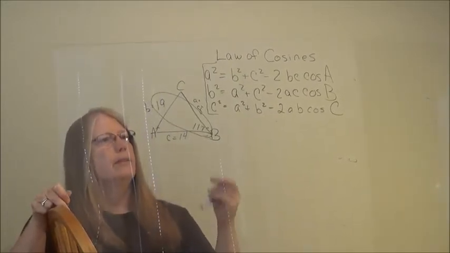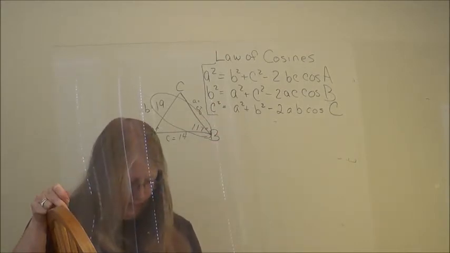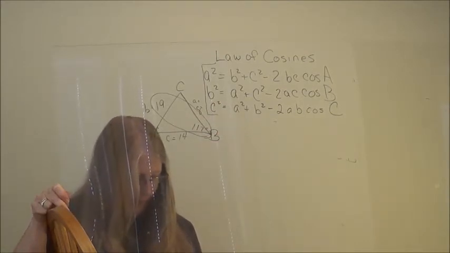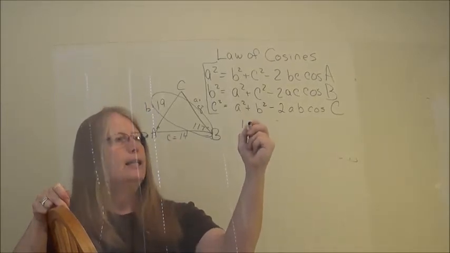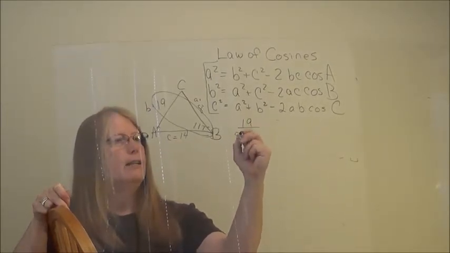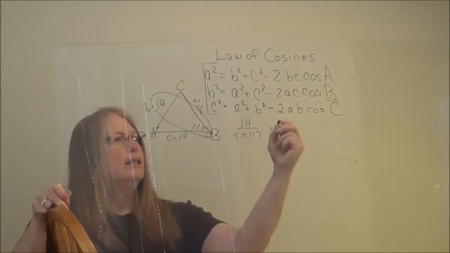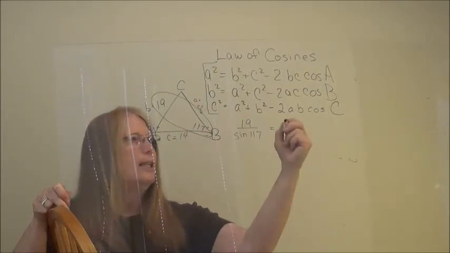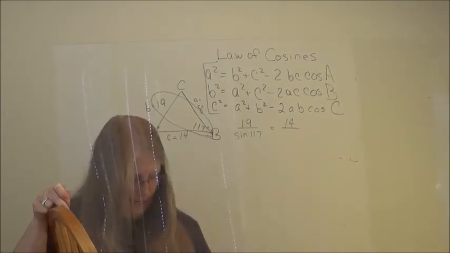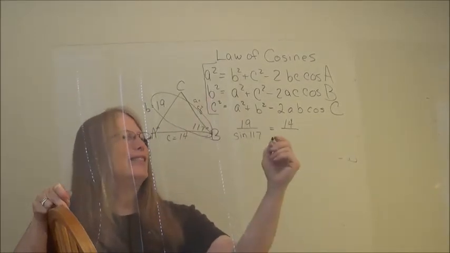Alright, so using the law of sines, I'll find one of the other angles. Let's say I'm going to look for C. So I'm going to say 19 over sine of 117 equals, I want to use C, 14 over sine of C. It doesn't have to be 14, but that's what I did in my notes.